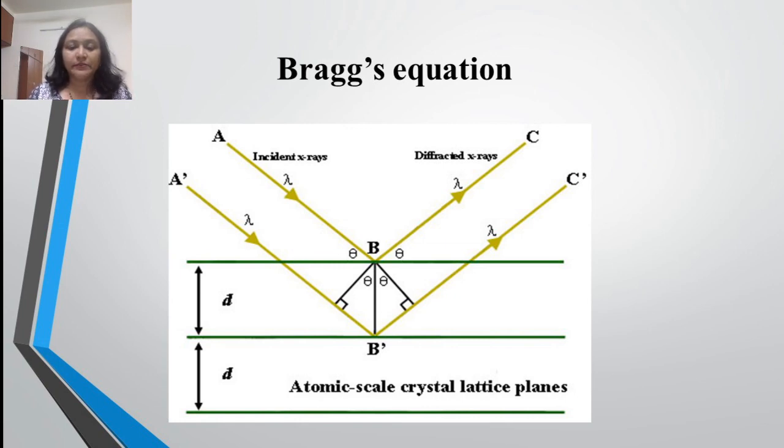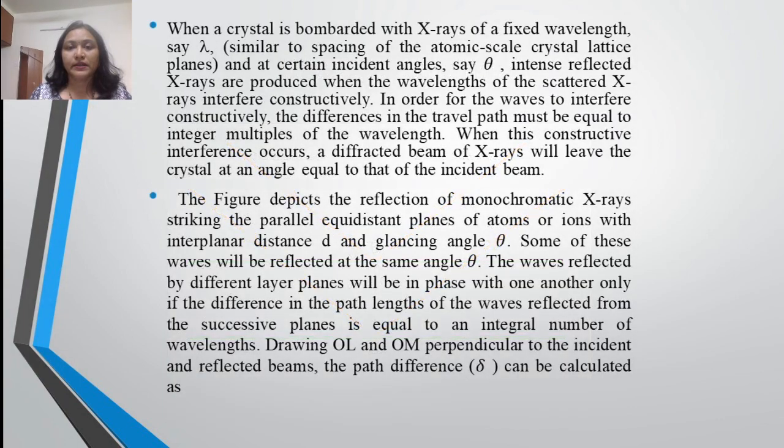The reflected waves at the different points will coincide with each other only if the path difference between them is an integral multiple of the wavelength. The rays which are scattered by the X-rays and interfere constructively will be diffracted with the same angle as that of the incident beam.